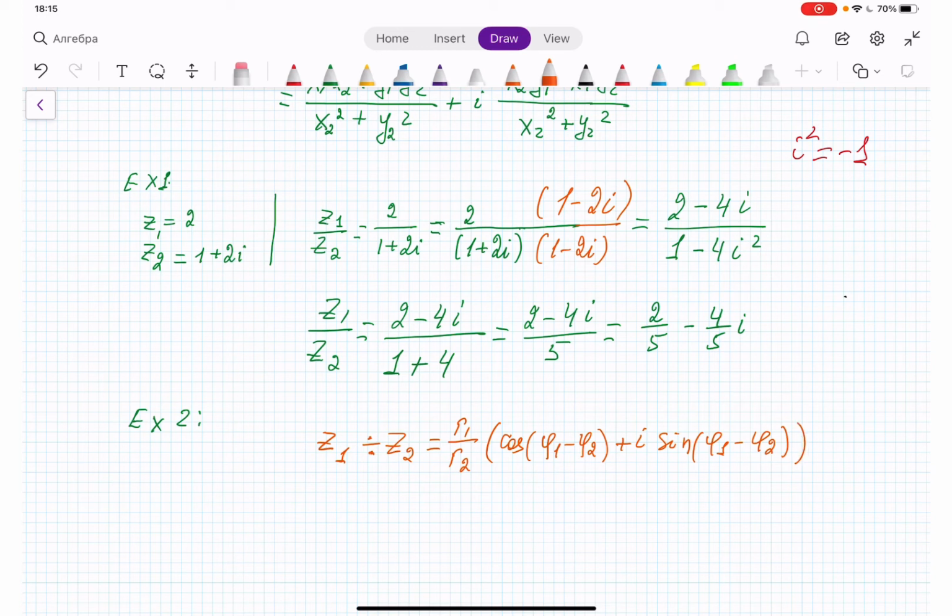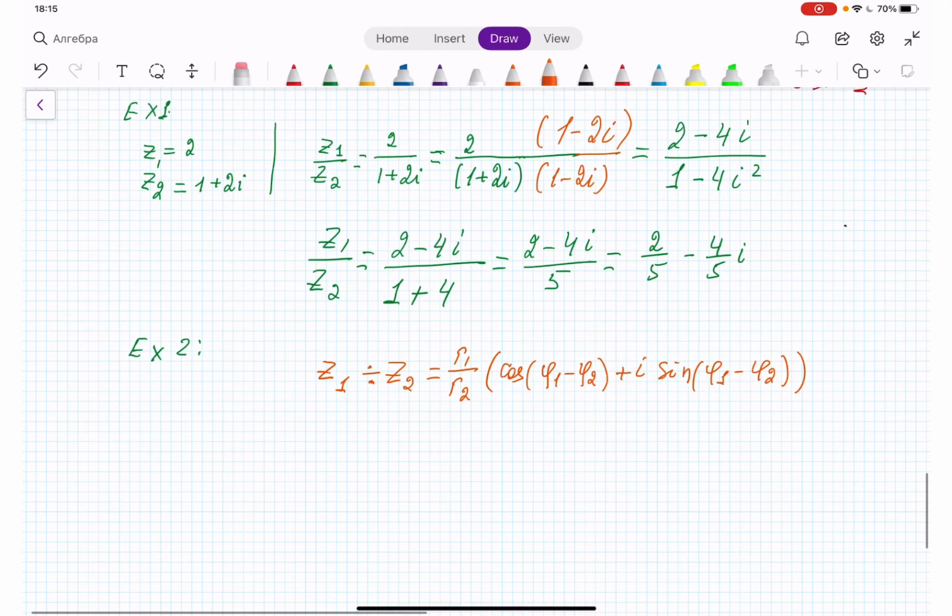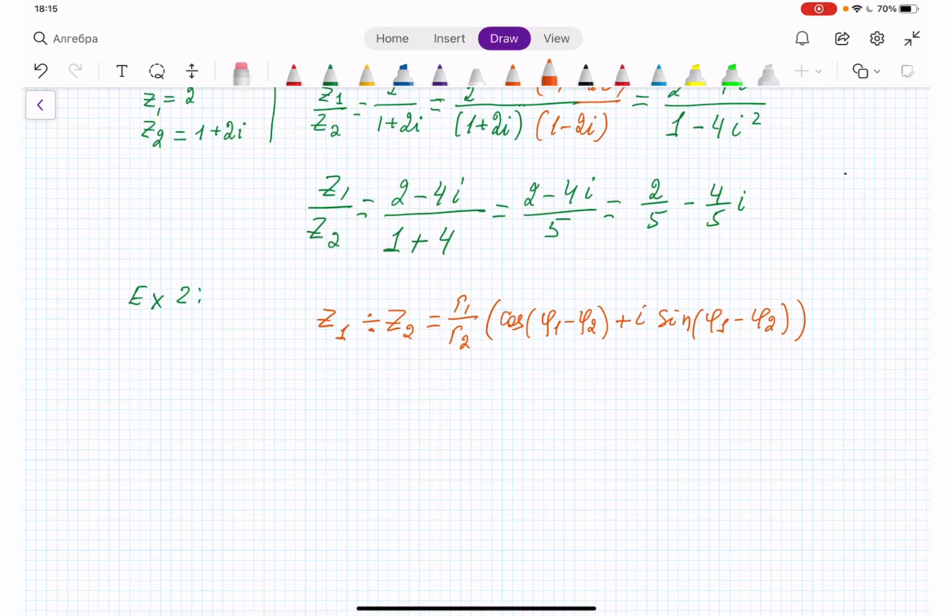So this is the template we are going to use. All right, so let's do the division for trigonometric functions.